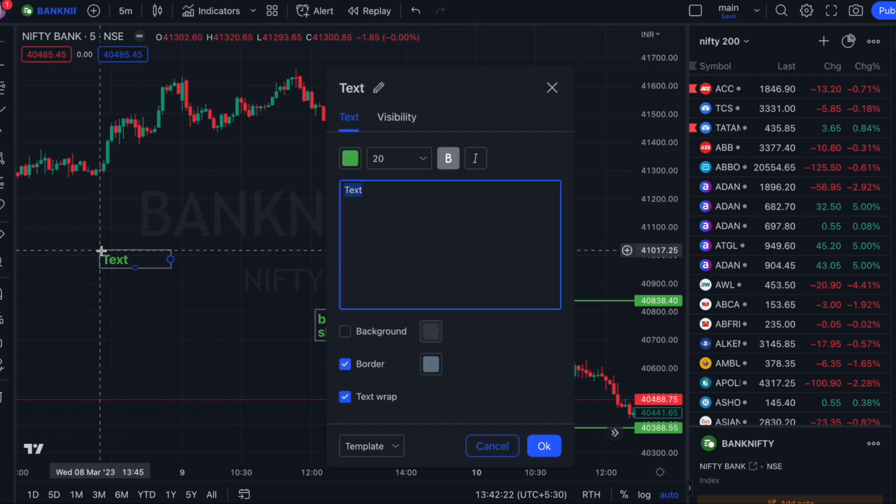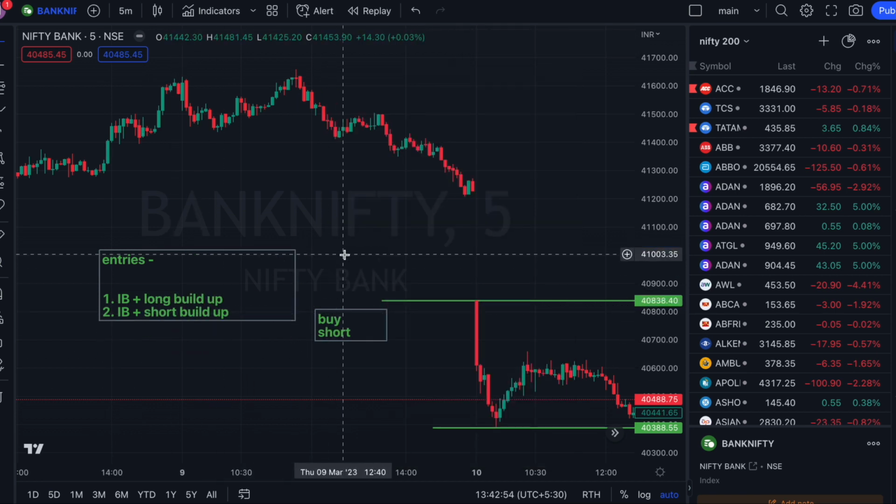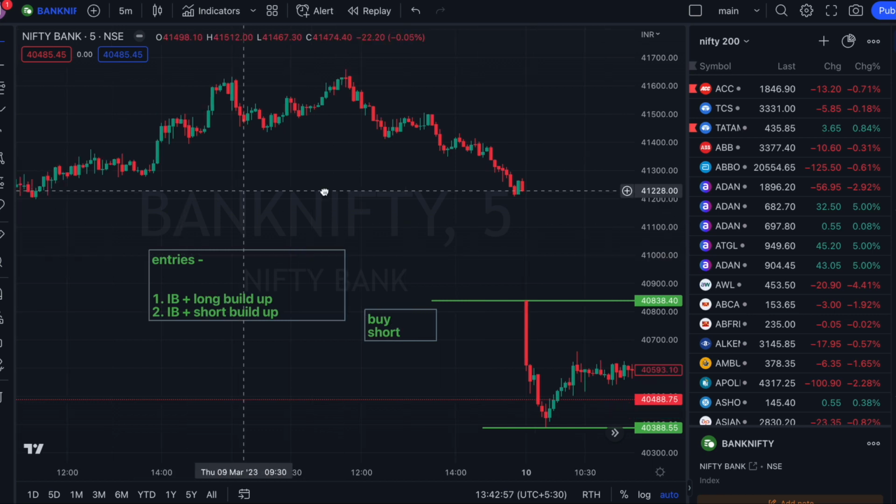So now we are going to discuss entries. And this is the first entry. The first entry is going to be initial balance plus long build-up. The second strategy would be initial balance plus short build-up. Now let's try to find the first strategy.